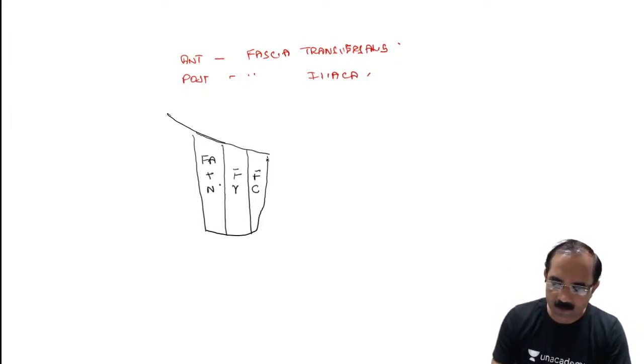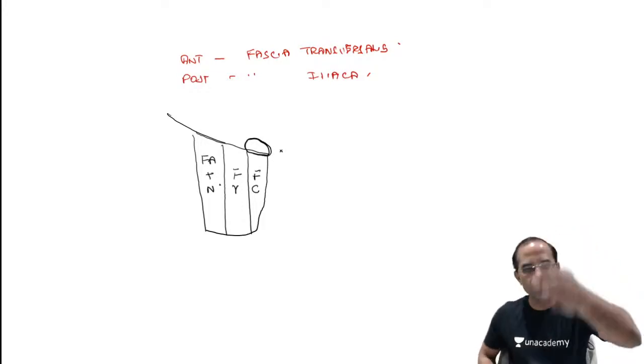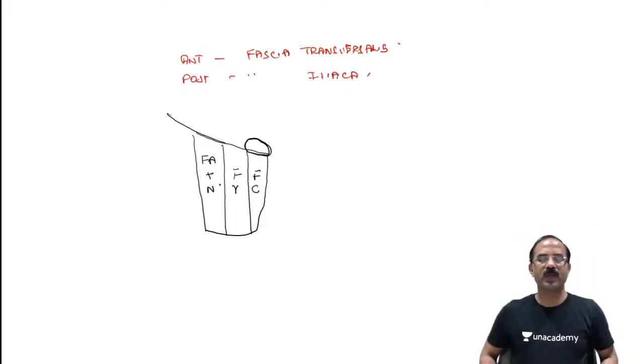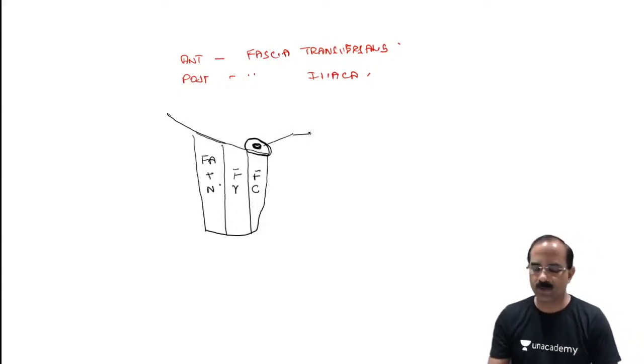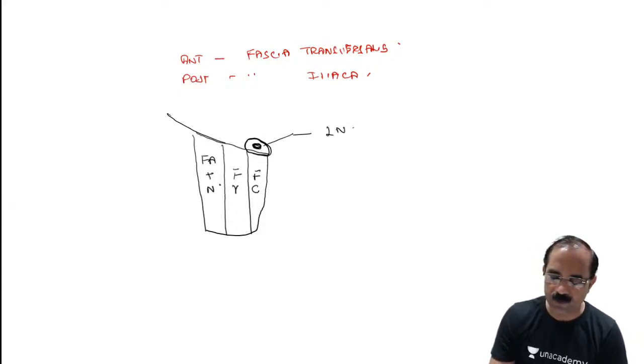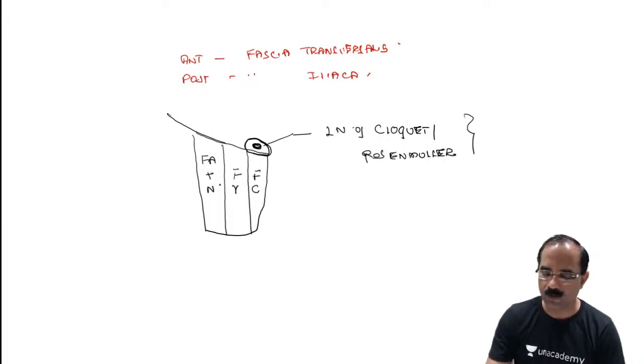What is the upper part of the femoral canal known as? The femoral ring. And this femoral ring is closed by a lymph node. That is the lymph node of Cloquet or Rosenmuller.